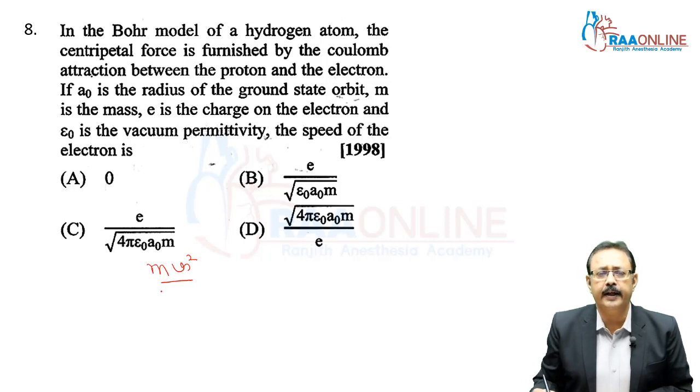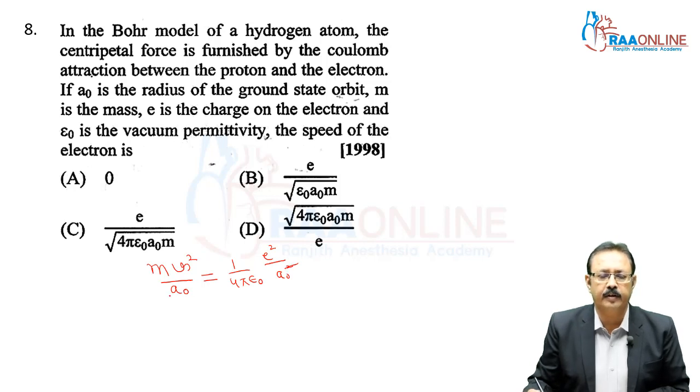They are saying a naught is the radius of the ground state. mv square upon r, from attraction between electron and proton means e square divided by a naught square, cancel one a naught.